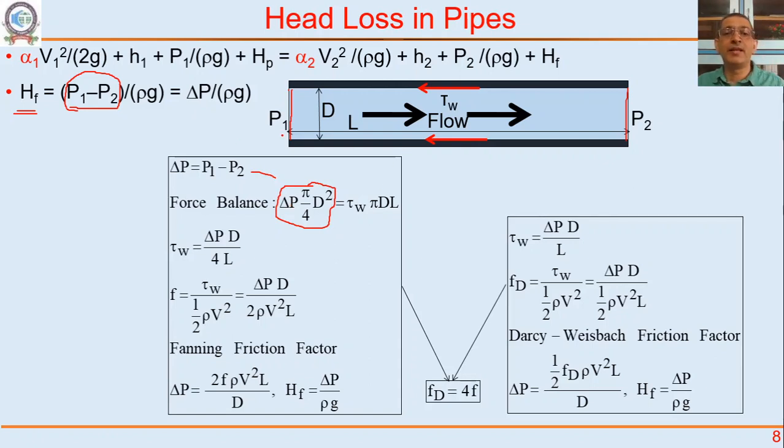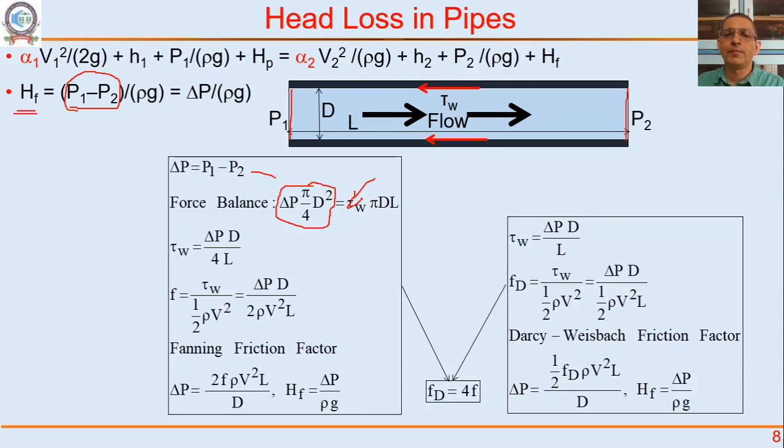If the flow is not at steady state, this will accelerate the fluid, but at steady state fluid is not accelerating. So this force must be balanced by frictional force at the wall of the pipe, and that frictional force is going to be dependent on the surface area of the pipe, and we write it in terms of frictional force per unit surface area of the pipe.